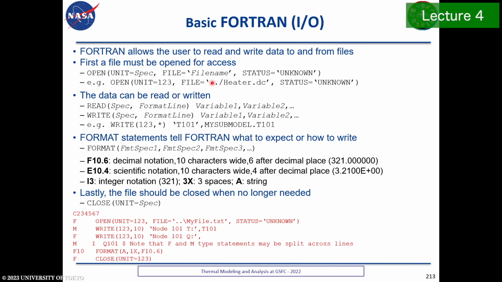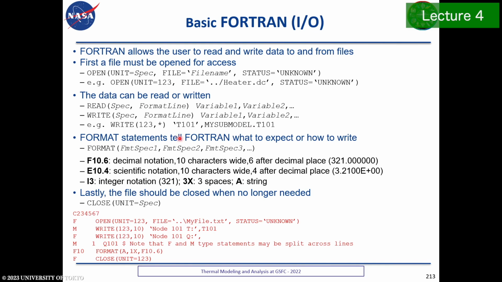That's why the .. is here. So this would have been a file to output the heater duty cycle. You can read things by specifying the file specifier, the format line, and then the variables. Write is very similar. If you put the M-type statement in this, it would convert this submodel.t100 to the appropriate index location.